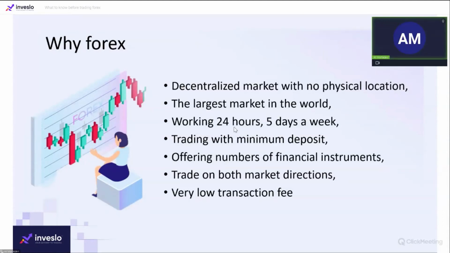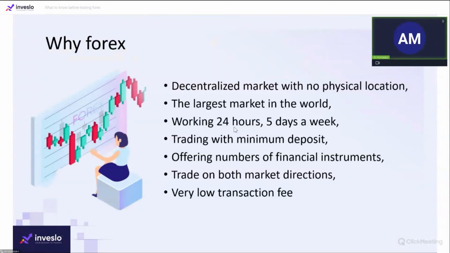As you see, you can trade all the metals, commodities, cryptocurrencies and everything. And a very, very important advantage of Forex trading is that it comes with a very, very low transaction fee. It means, for example, in the physical market, you have to pay at least 1% or 0.5% on each trade.